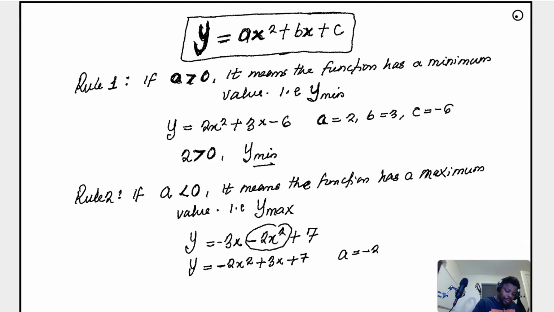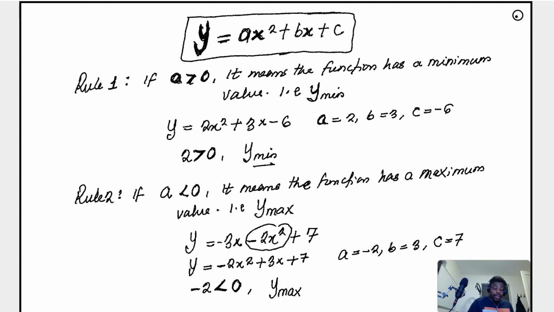My a is minus 2, my b is 3, and my c is 7. So here, minus 2 is less than 0, right? Minus 2 is less than 0. So in this case, I can only have maximum value of the function.